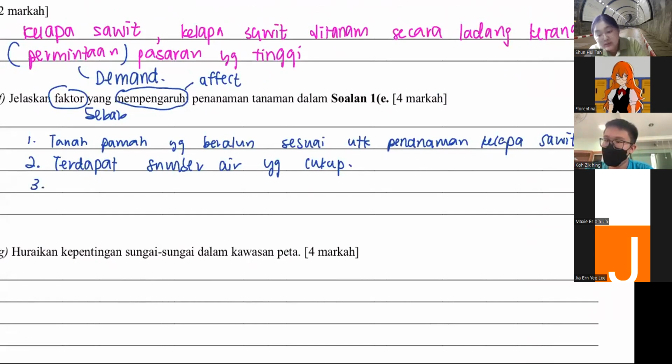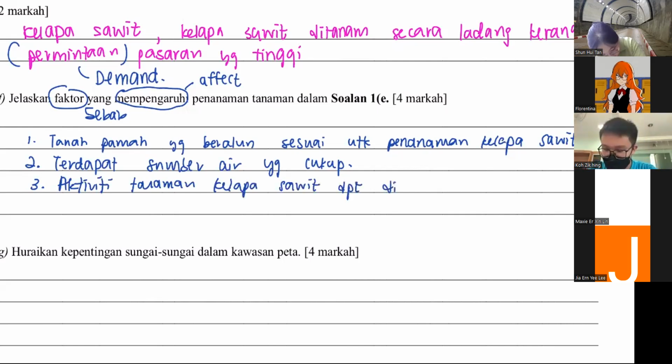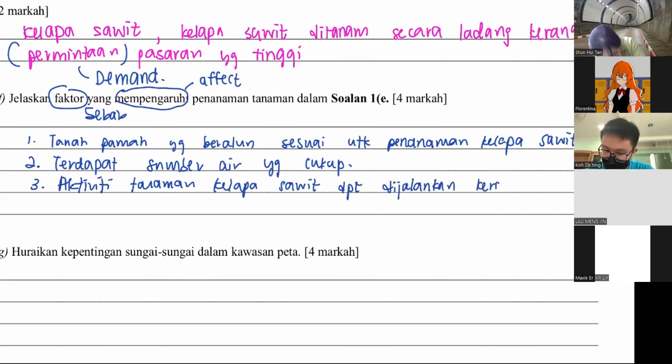Of course, you can also tell me they can do plantation because a lot of people. Activity tanaman kelapa sawit dapat dijalankan kerana tenaga buruh.